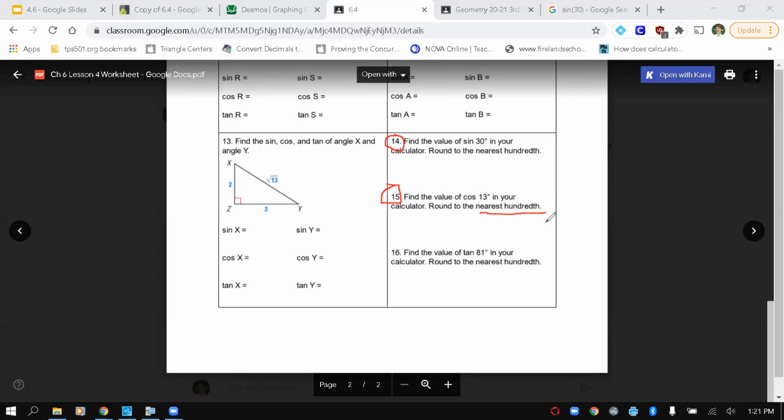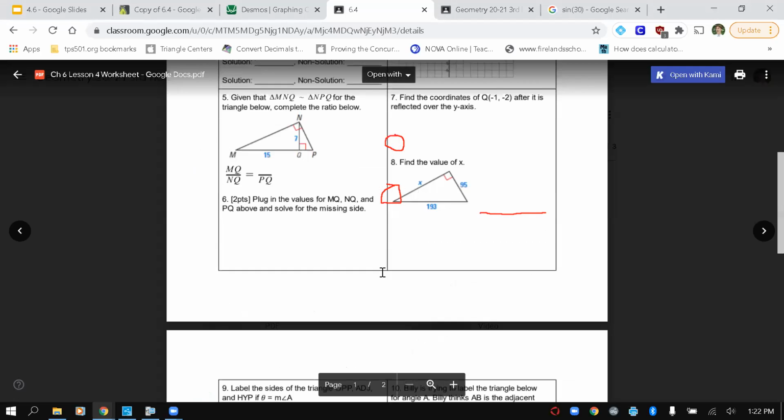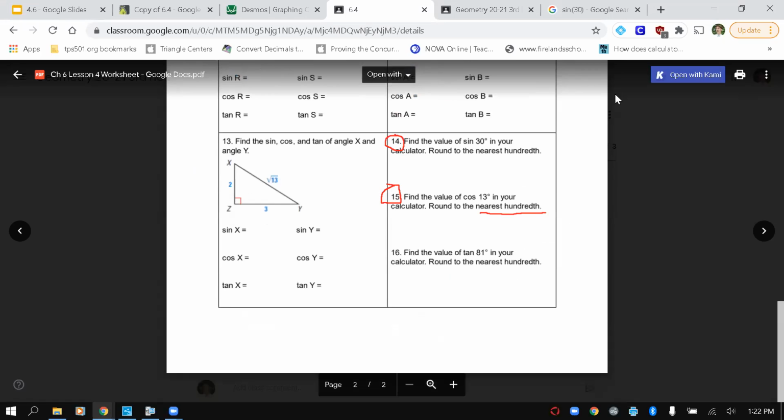That way I can make sure it's in the right mode before you leave. For you remote people, that is also true. I need you to tell me the answer in chat. It doesn't have to be private, but you can send me a private message with the answer you get for number 15.